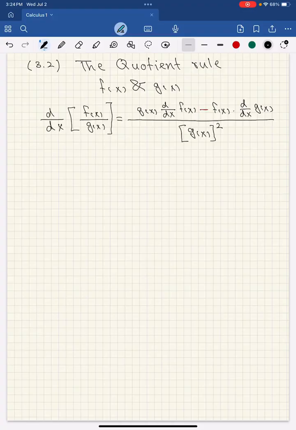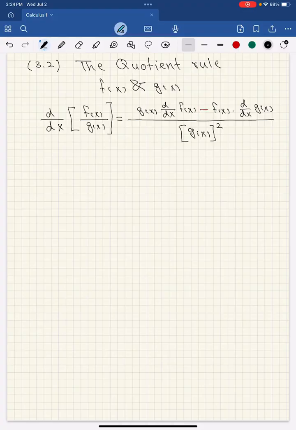I memorized it this way: bottom, d top, minus top, d bottom, over bottom squared. In your book, it's written denominator times the derivative of numerator minus numerator times derivative of denominator over the square of denominator.